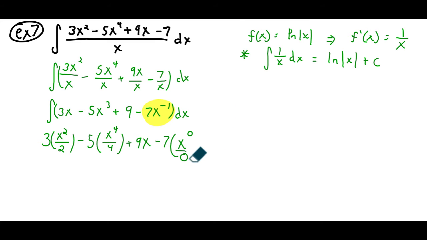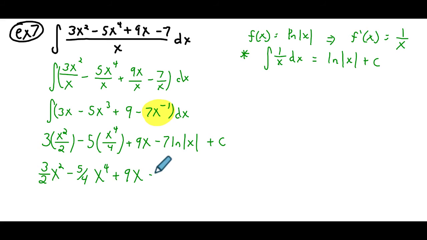So let me fix this. We saw that that did not work. And so this, when I see -7 x to the -1, that becomes -7 natural log of x, and then plus our c. Simplifying this down, I get 3/2 x squared minus 5/4 x to the 4th plus 9x minus 7 natural log of x, plus c.